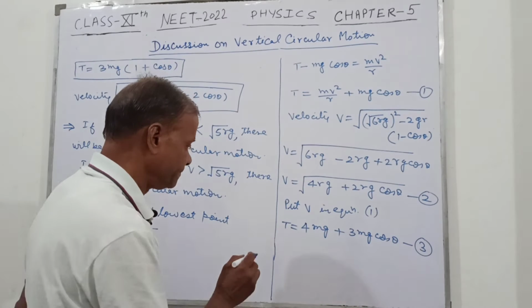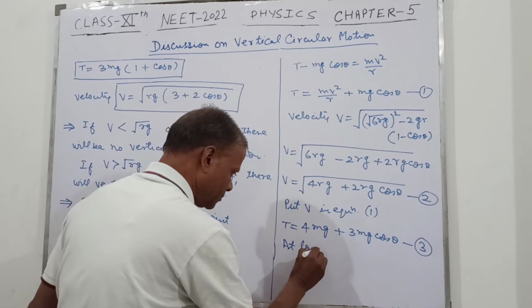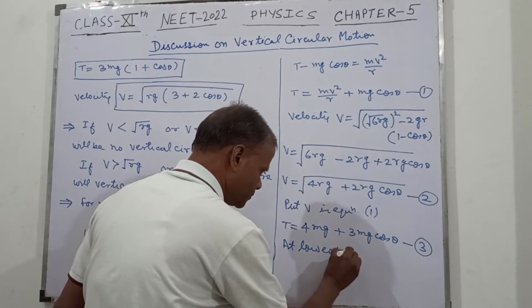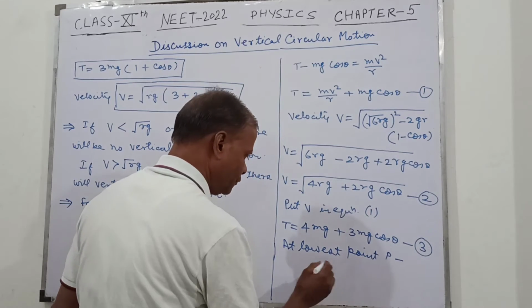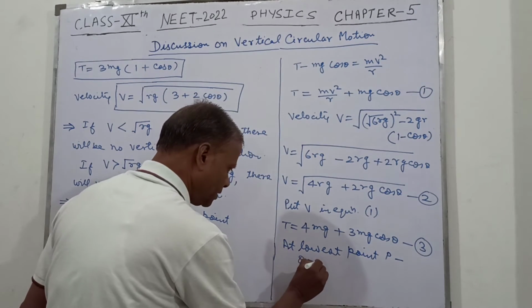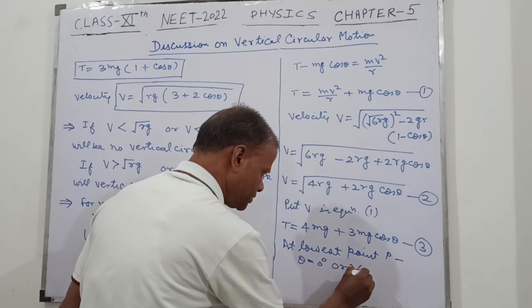Then what do you find? At lowest point, theta equal to 0 degree or 360 degree.